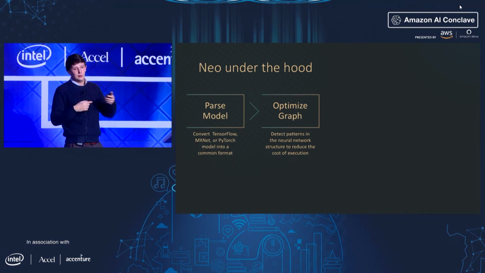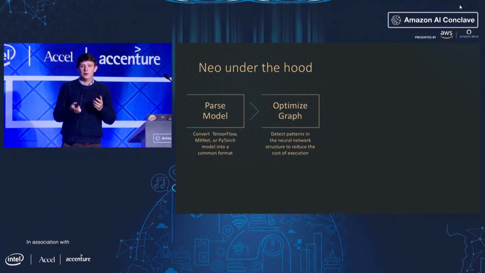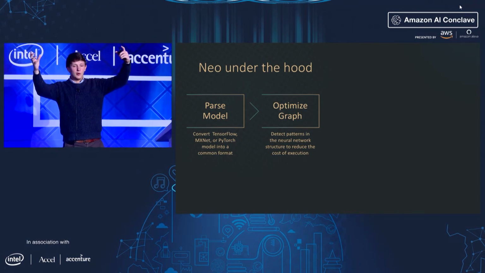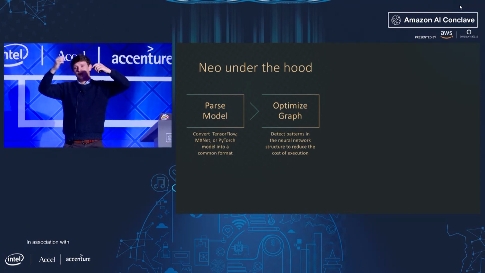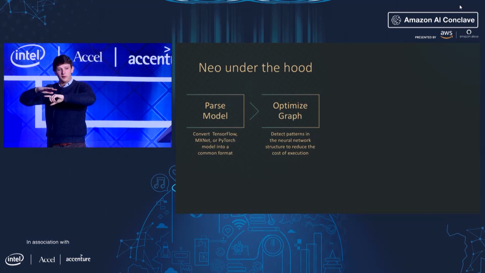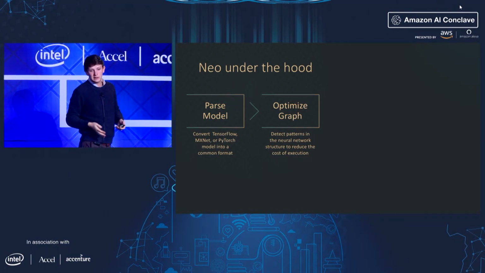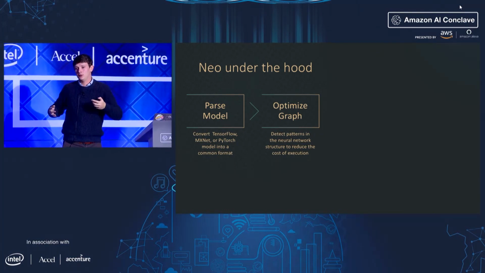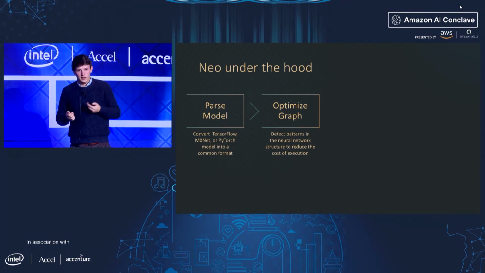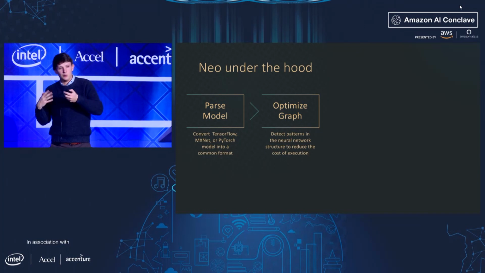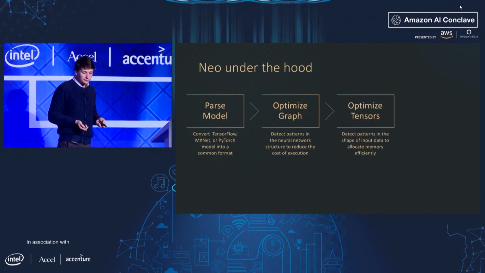And that's when you can start to say, okay, I'm going to combine these two operations together. I'm going to reuse this memory buffer because I don't need it in the next iteration step, and so on. So that's graph level optimization. You don't actually need to know much about what these operations are.